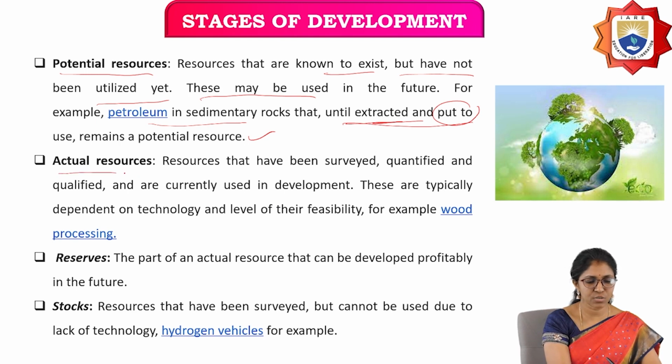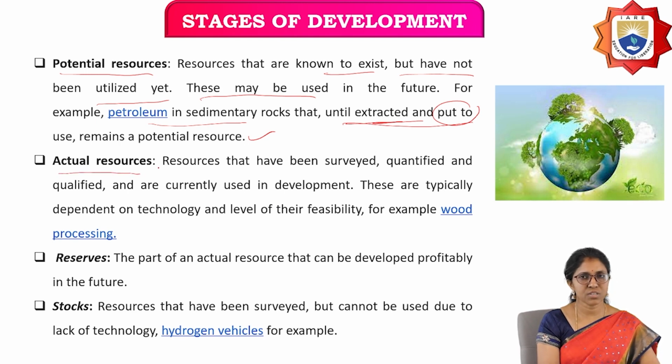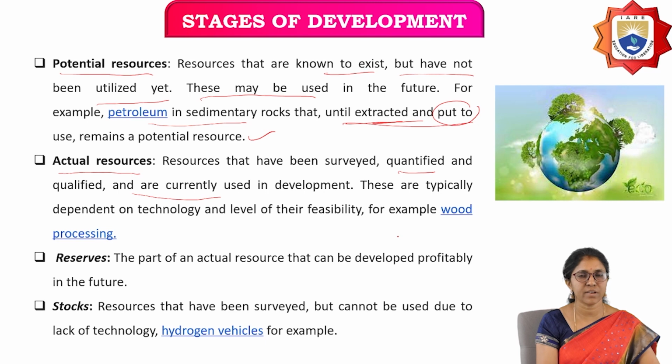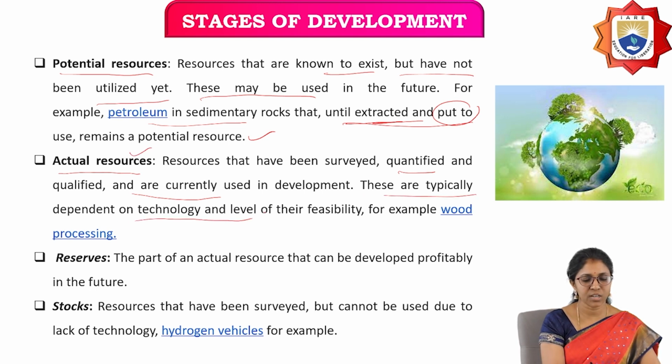Actual resources are resources that have been surveyed, quantified and qualified, and are currently used in development. These are typically dependent on technology and level of their feasibility, for example, wood processing.